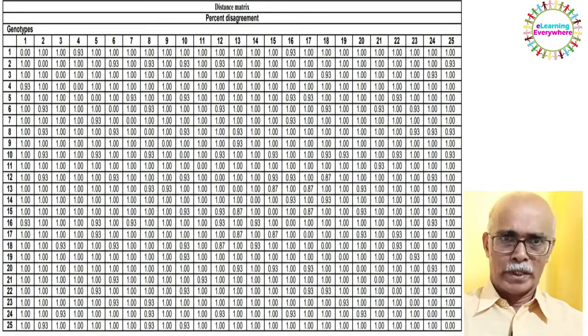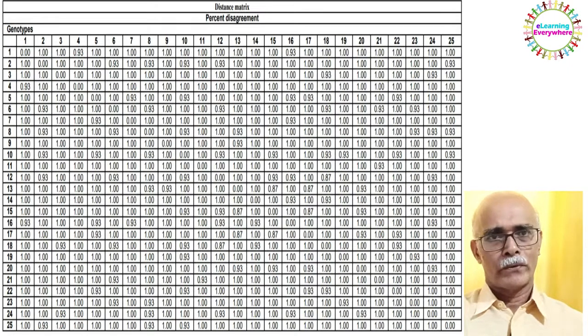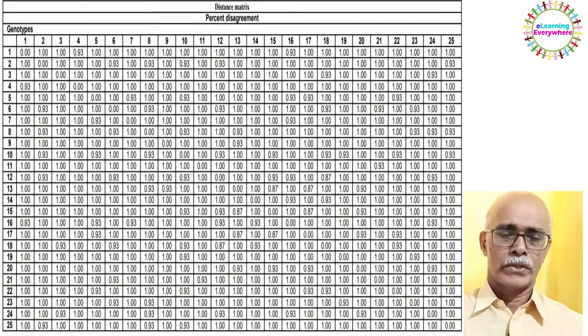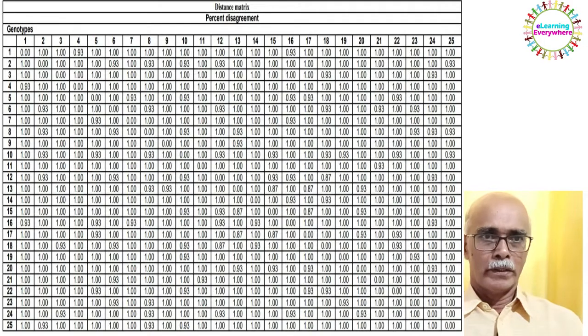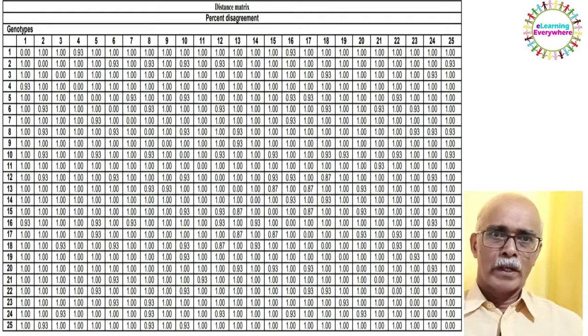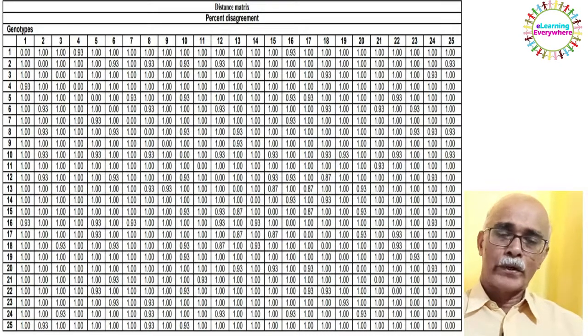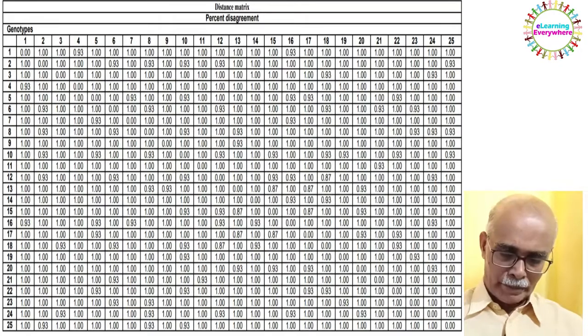Based on percent disagreement, we are classifying the 25 genotypes of peperomia into different clusters by cluster analysis based on 15 variables. And when you carry out cluster analysis using percent disagreement, you will be getting a dendrogram or a clustering diagram, a tree diagram for the 25 genotypes under study.